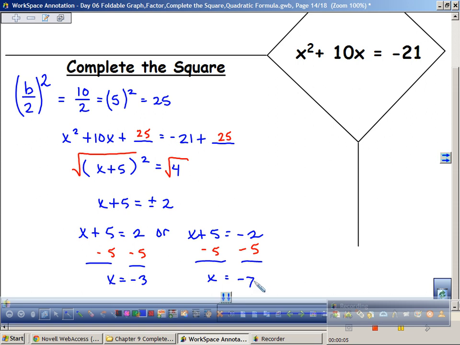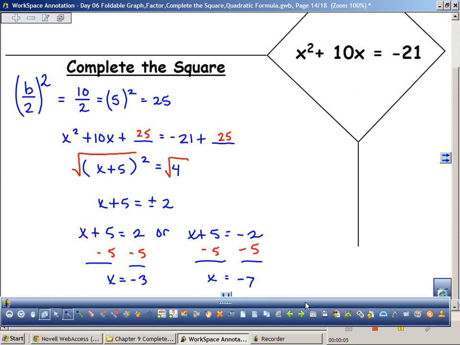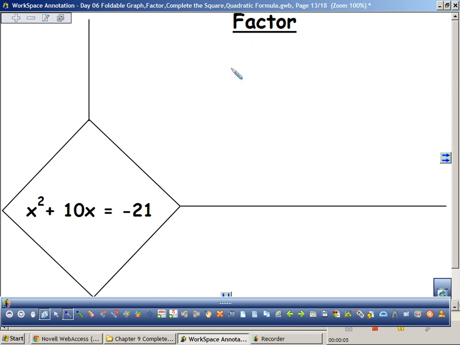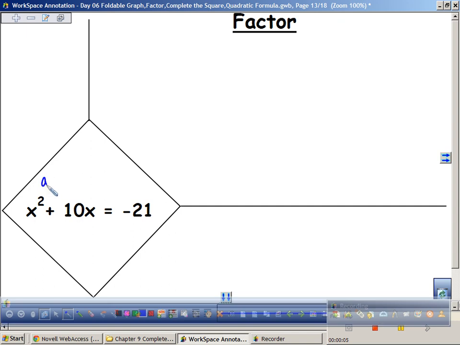Okay. Which one do you guys want to do next? Factor. I want to do factoring too. Let's factor. Before we factor, what do I need to do with this? I need to bring the negative 21 over, because I know that I need this equation to look like a standard quadratic equation.